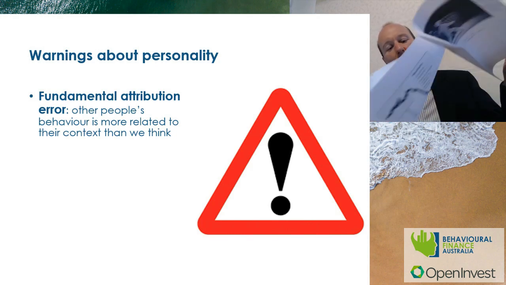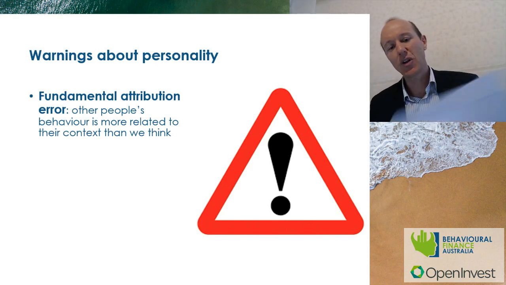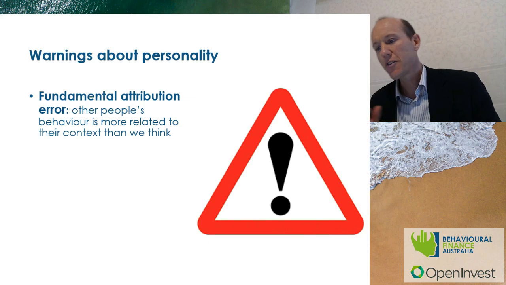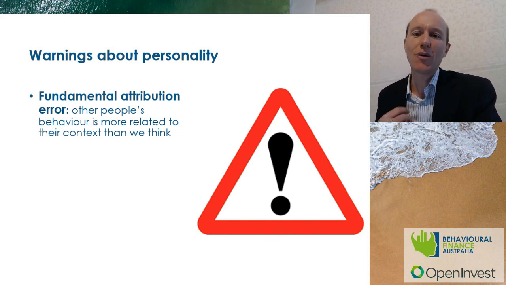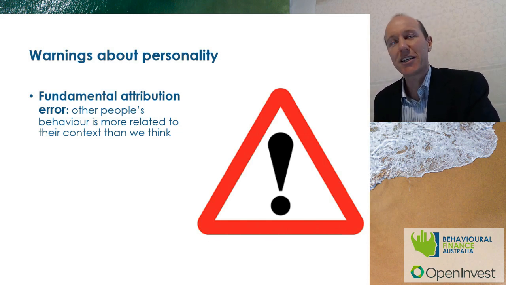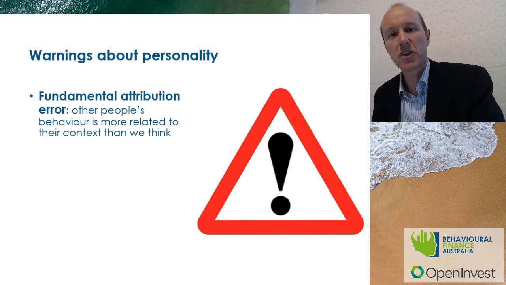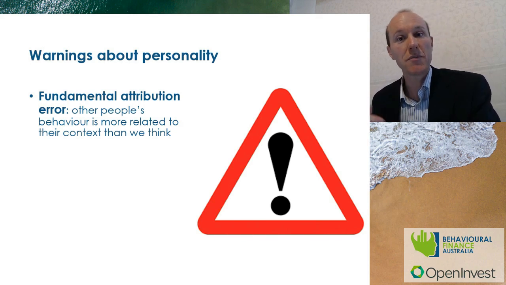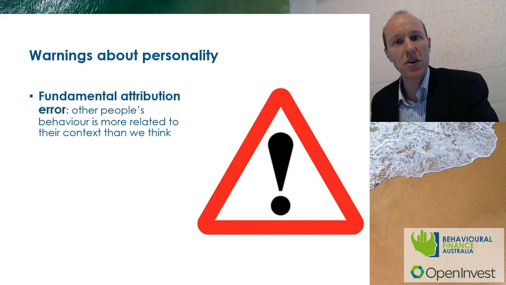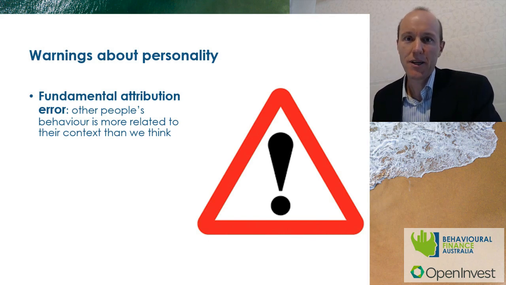Well, the first one is fundamental attribution error. Fundamental attribution error means that other people's behavior is more related to the context than we typically think. The example I often give is when I see somebody drive through a red light. Well, I think, that crazy hoon, they don't pay attention to the dangers they might be causing to themselves and to others. This is a reckless person, for example.